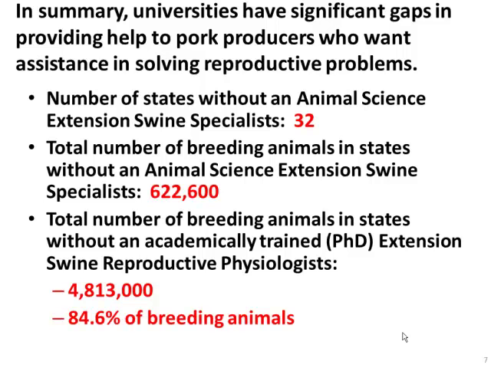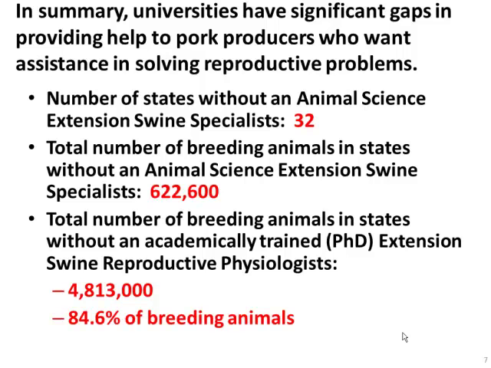And then if you look at the total number of breeding animals in states without an academic trained PhD extension reproductive physiologist, there's 4,813,000 sows without an academically trained reproductive physiologist. If you look at the population, that's 85% of the breeding animals that don't have anybody.